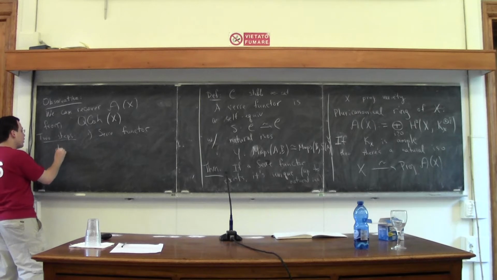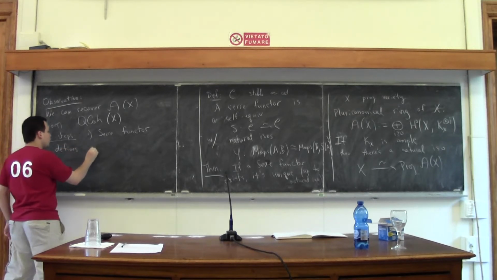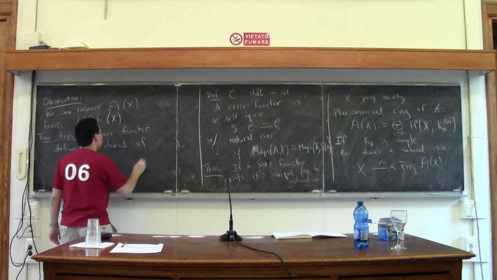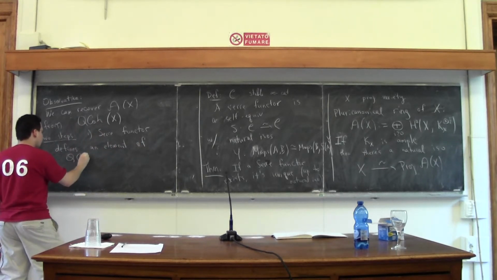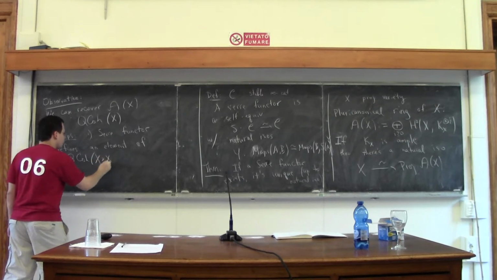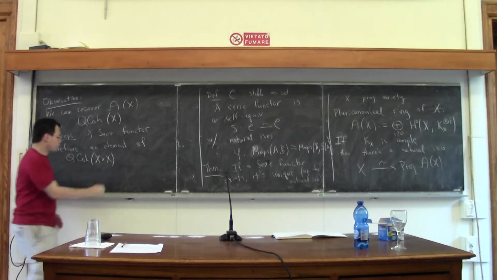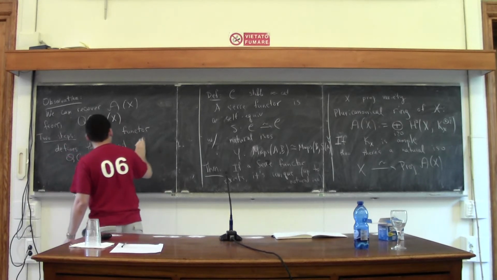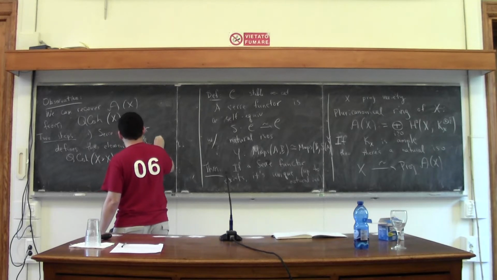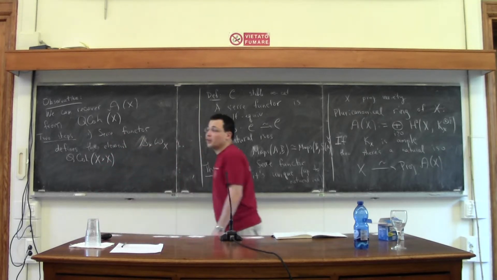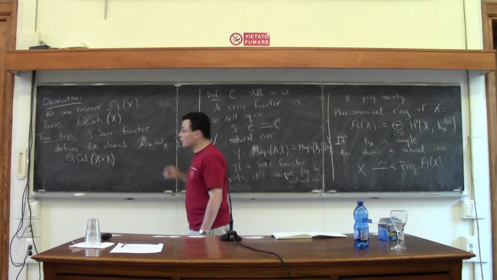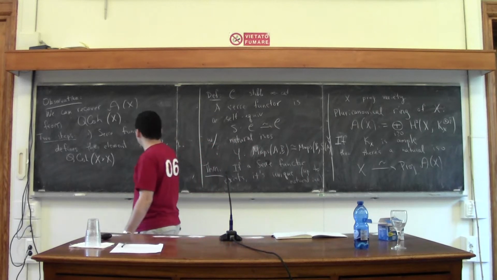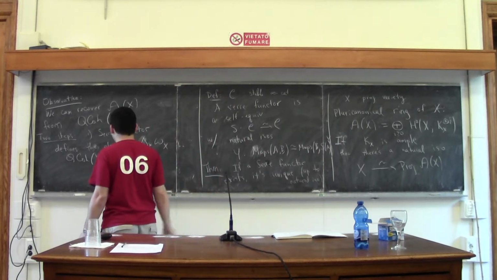It defines an element of quasi-coherent sheaves on X cross X, which is the pushforward of the dualizing complex. That's the bimodule that represents the Serre functor. So we've got this guy.